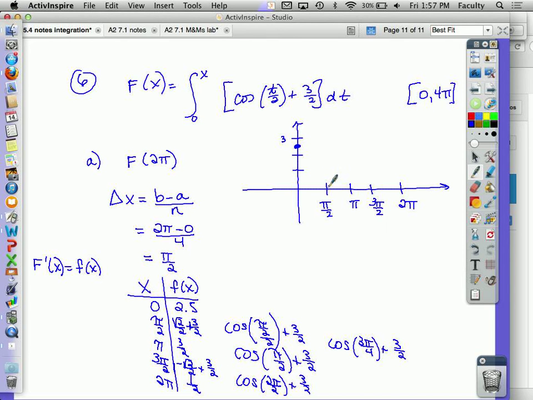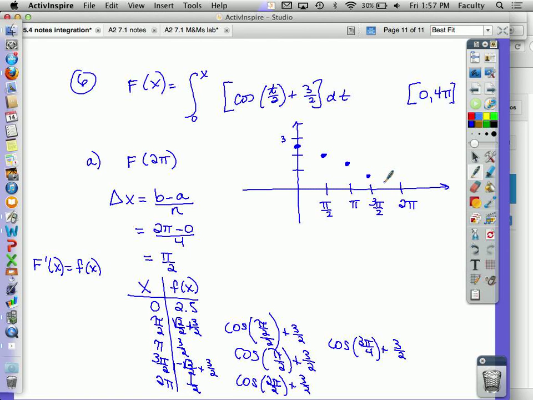This one's about 4.4 over 2, which is around 2, so it's dipping down a little bit. At pi, I'm at 1.5. At 3 pi over 2, negative 1.4 plus 3 is about 1.6, so that's about 0.8, so it's still coming down.